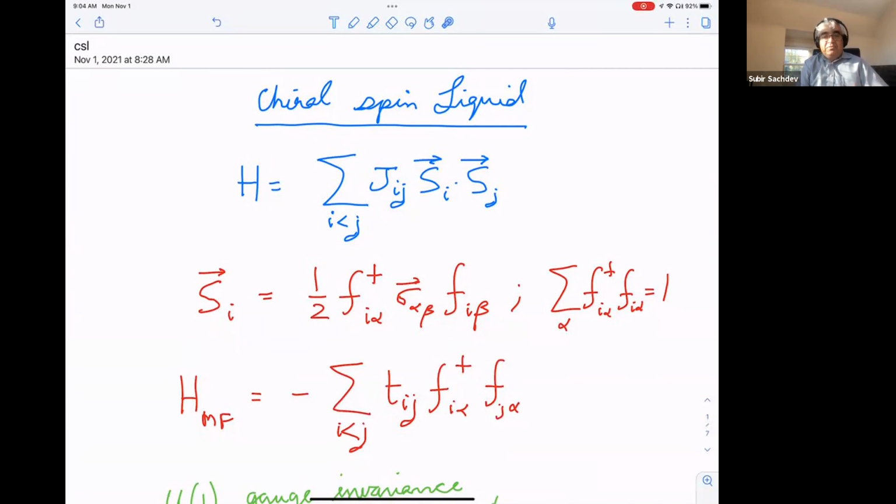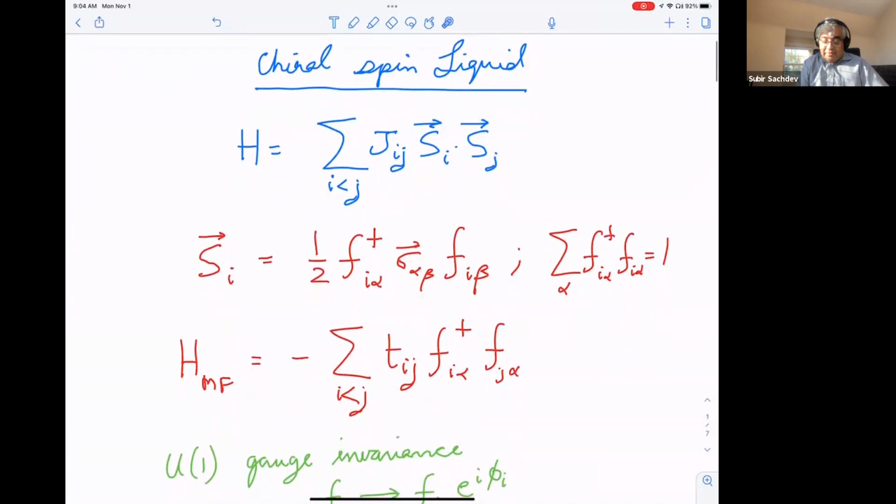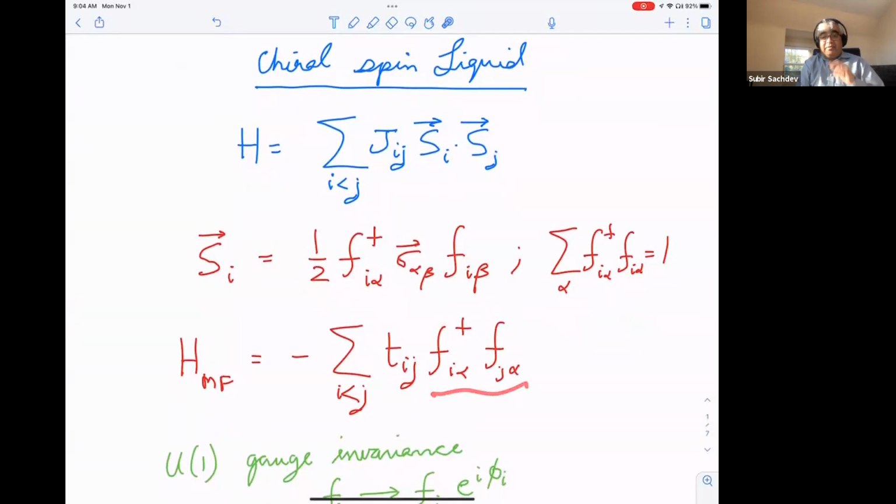And just as in the case of the Z2 spin liquid, we postulate some, in this case, free fermion Hamiltonian. We are just going to take the very simplest free fermion Hamiltonian, fermions hopping on a lattice, the square lattice in this case, with some hopping matrix elements Tij. You can add more complicated terms, but this turns out to be sufficient.